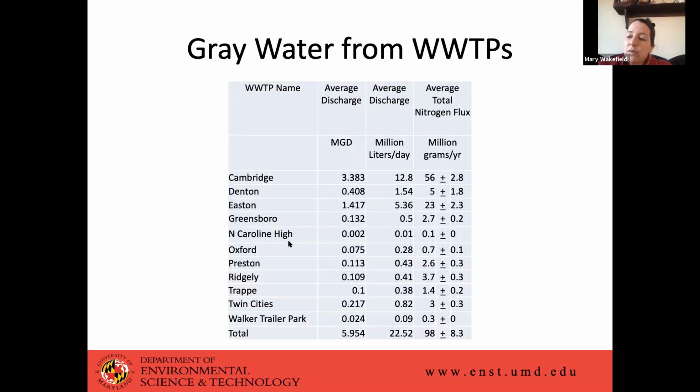Okay, so why is this relevant to our agricultural footprint? Well, let's take one more sidebar and look at gray water from your wastewater treatment plants, again recognizing that this is the gray water of the water footprint definition. Here we have your average discharge from all of the wastewater treatment plants currently in operation on the Eastern Shore.